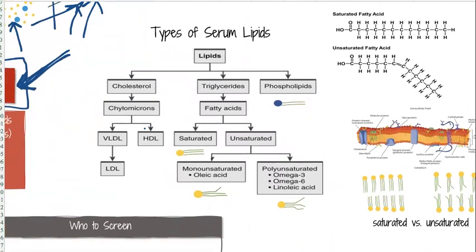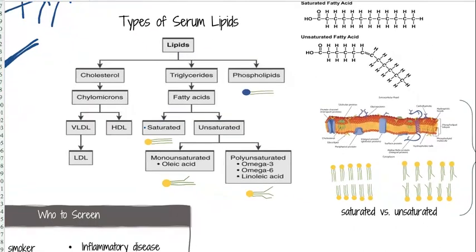I think the reason for that is not because your teacher's trying to trip you up. She's trying to give you as much information as possible, like what I'm trying to do, just giving you the background. It doesn't mean you have to memorize all of this. It's just good to have an understanding. So let's go through these lipids with that understanding, that memorizing all of this is not necessary, but understanding it is, okay?